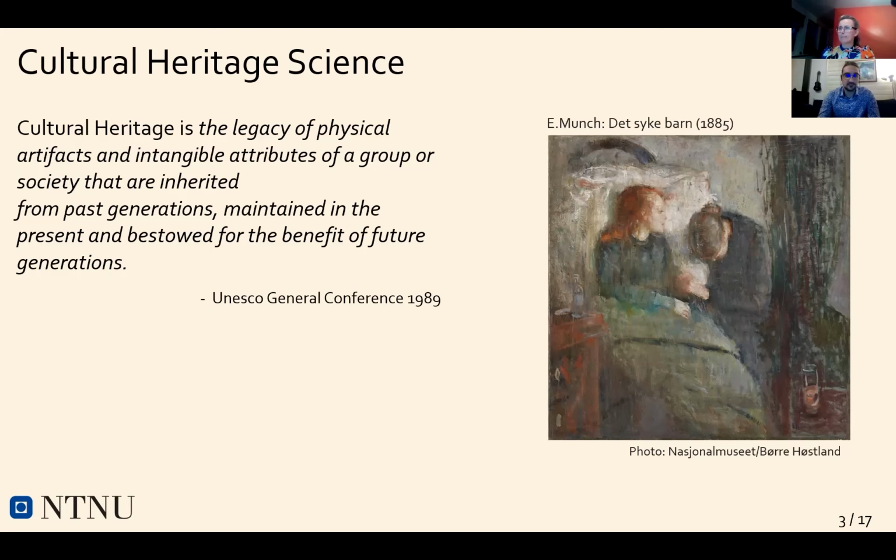UNESCO gave this very beautiful definition: cultural heritage is the legacy of physical artifacts and intangible attributes of a group or society that are inherited from past generations, maintained in the present, and bestowed for the benefit of future generations.